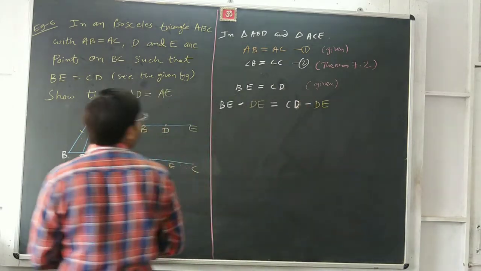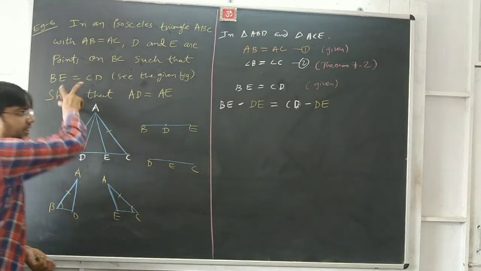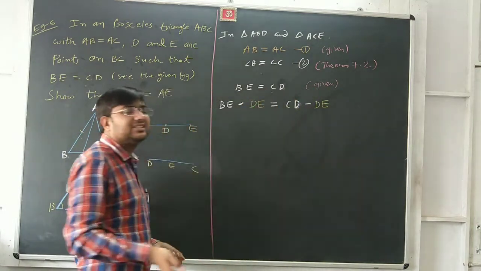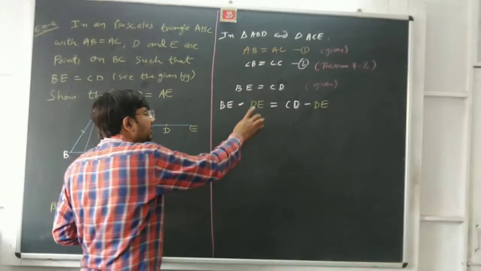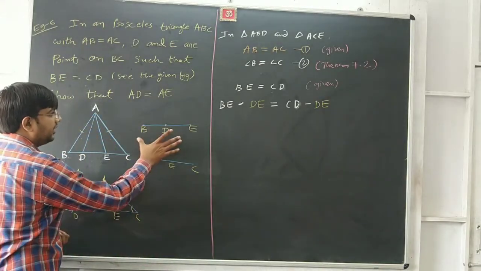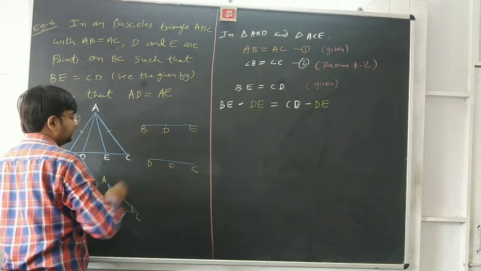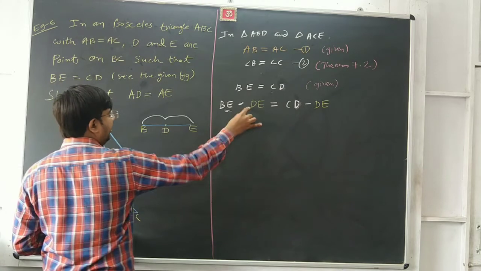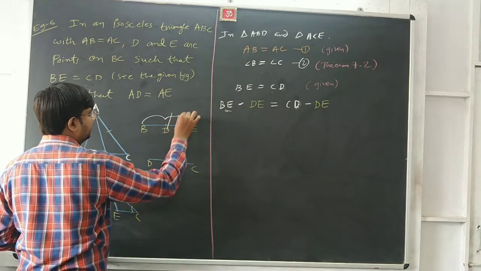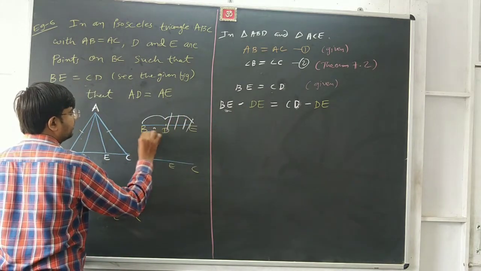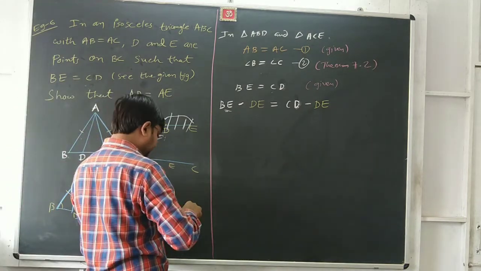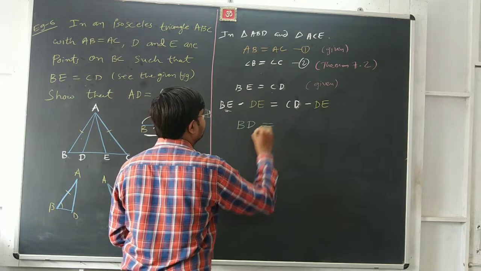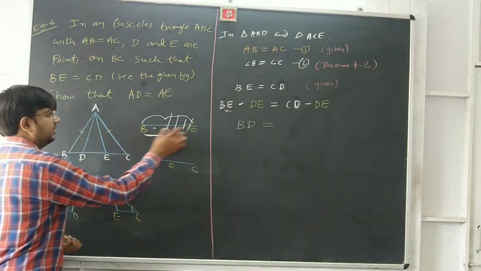We are given that BE is equal to CD. We subtract D from both sides. So here is B to E, B is here, subtract D. The D part cancels. What do we receive? This BD. So I can write BD is equal to BD, same as it.